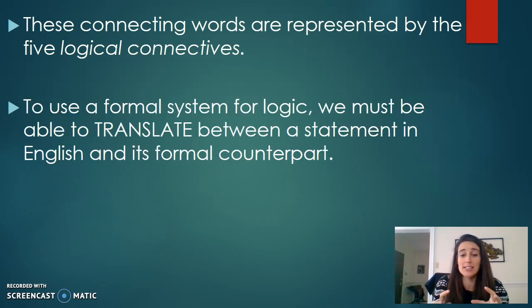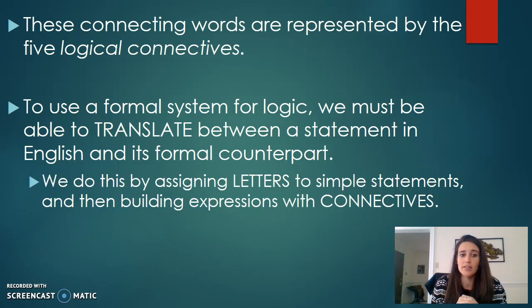So in our formal system for logic, we want to be able to translate between a statement in English and its formal counterpart. And we do this by assigning letters to simple statements and then building our expressions with those logical connectives.